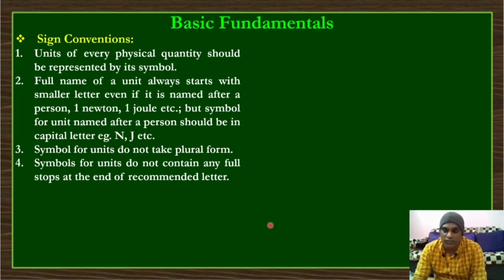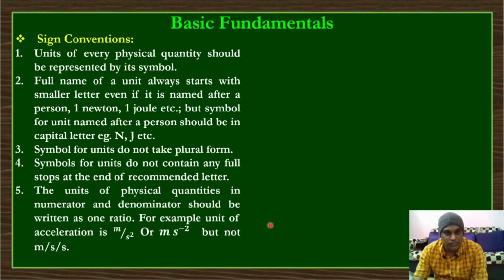N is not a short form, it's a unit symbol. Normally we type a dot when we use a short form, but N and J are not short forms, they are symbols. So do not put a full stop after that symbol.